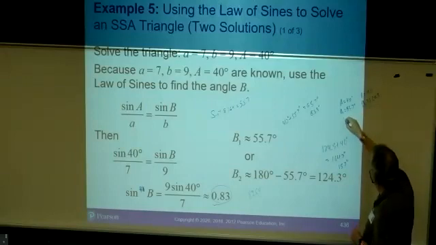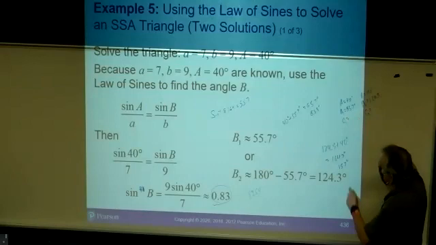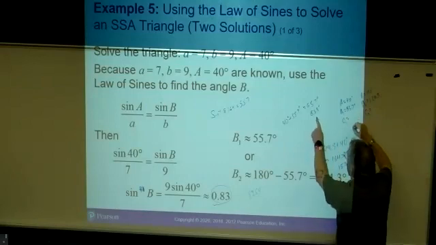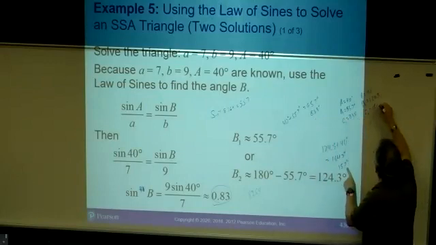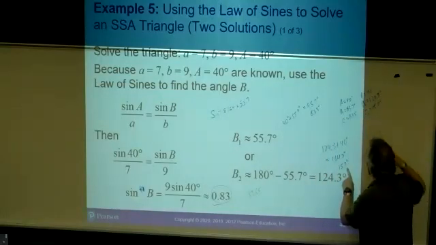And C, so then we have two angles for C, and one of them is 83.3 degrees, and the other one is 15.7 degrees.